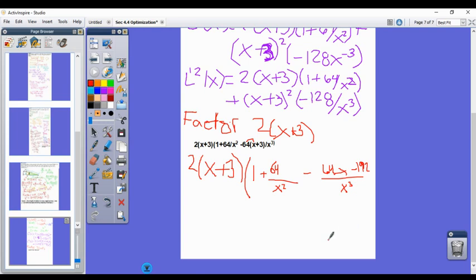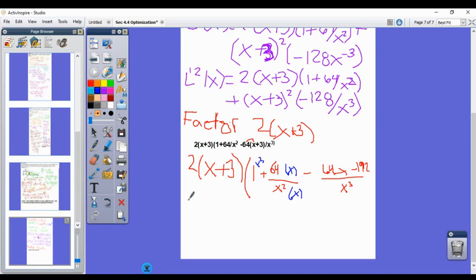Now I need to make like denominators, and x cubed is the denominator I want. So I'm going to multiply my 64 by x to make that x cubed, and multiply my 1 by x cubed.